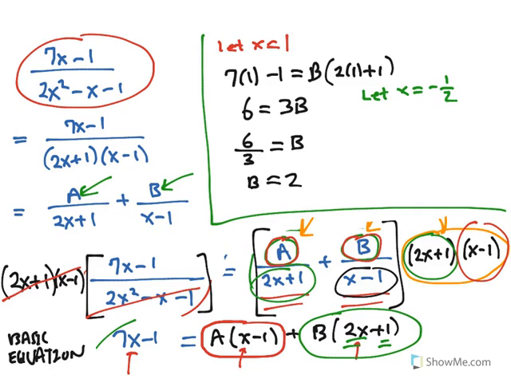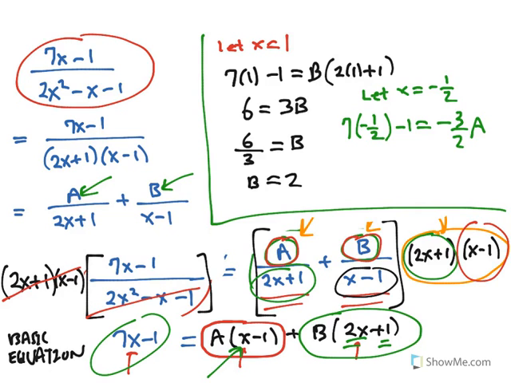So now on the left side I have 7x minus 1. So 7 times negative 1/2 minus 1. On the right side, for the term that was circled in red earlier, I'll have negative 1/2 minus 1, which is negative 3/2. So I have negative 3/2 A.